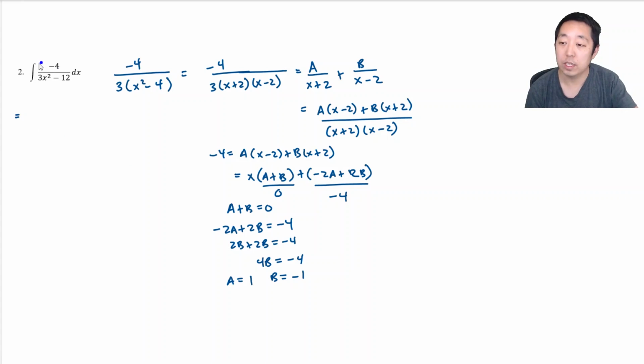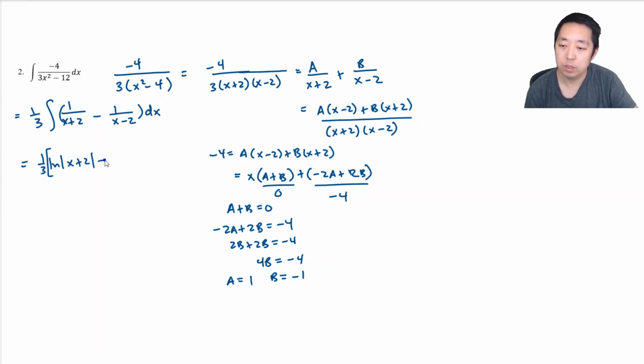So then this, if I take out the 3 here, because I excluded the 3 from all of this process, becomes the integral of 1/(x + 2), because I found a was 1, minus 1/(x - 2), because b was -1, dx. And so then this becomes 1/3 ln|x + 2| - ln|x - 2| + c.